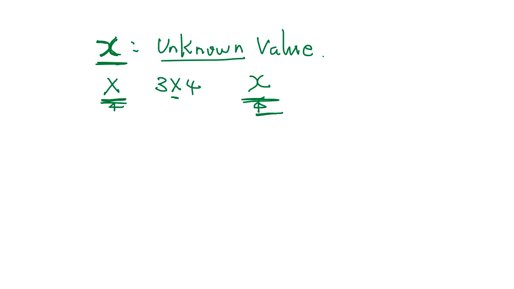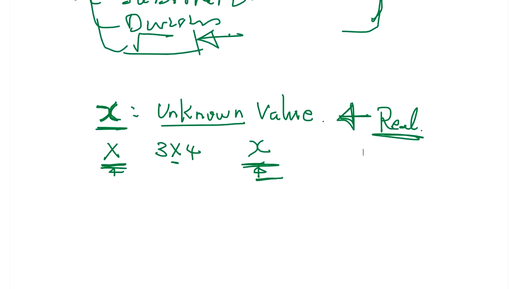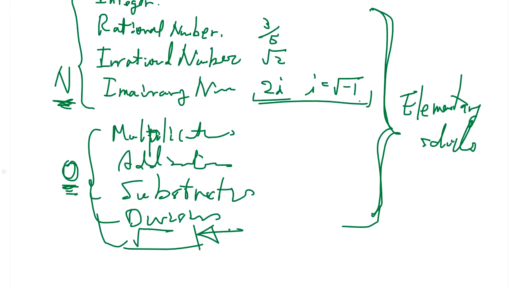So what is unknown value? If you don't know the value, is that a number? Well, it's a number. Real number for now, okay? For now means we start with the real number x, and it can be any number. So, the types of numbers you learned so far, integer, rational number, irrational number, are all together called real number.